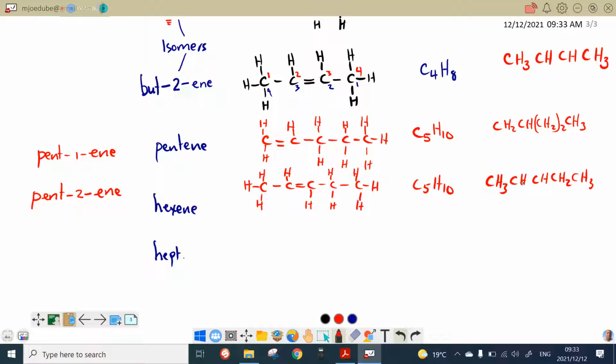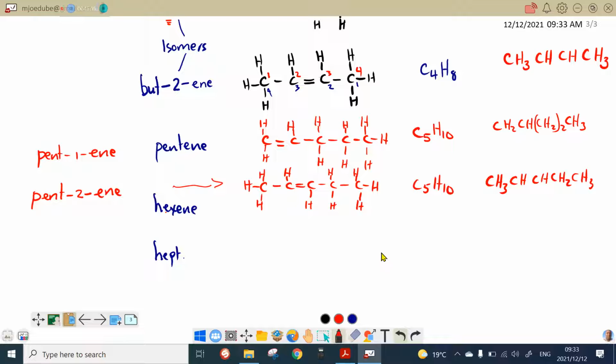So it's still the same number of carbons, and then from there you would have given us that arrangement, right? Likewise, you can continue with the hexene, heptene as well.